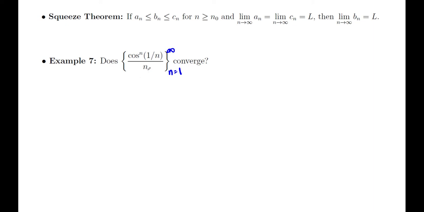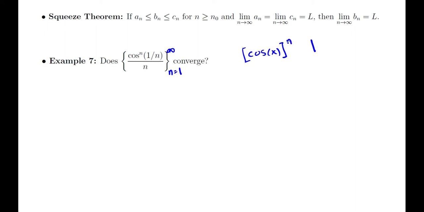So first of all, let's think about this. When you take the cosine of anything, let's just say the cosine of x, and you raise that cosine to the nth power, right? That's the same as putting the little n right there. Let's think about what is the very biggest that can ever be. Well, the very biggest it could ever be is 1, correct? Because we know that the cosine is never bigger than 1, right?